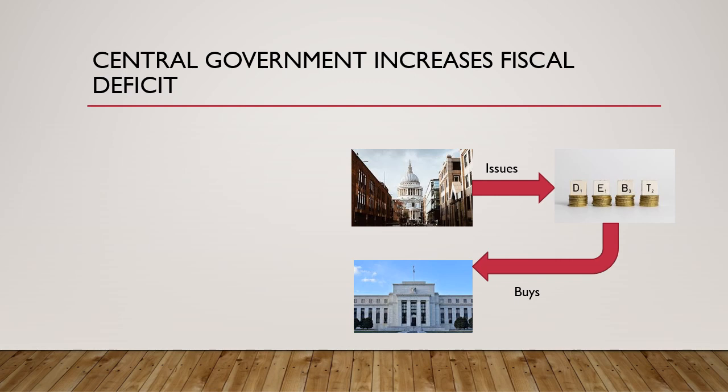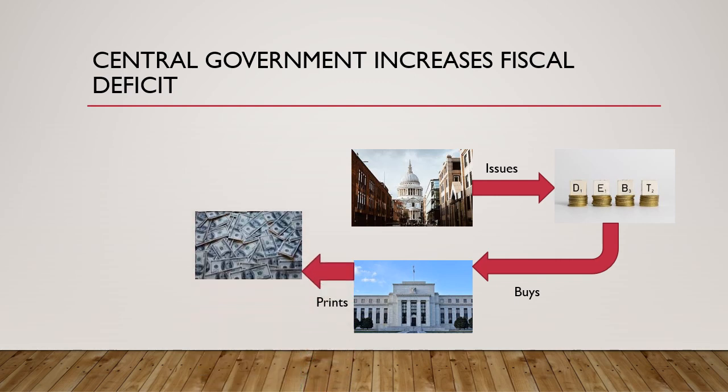This debt is bought indirectly by the central bank through freshly printed money, essentially monetizing the debt and printing more money, which it then gives to the central government. This increase in fiscal deficit means that the aggregate demand is increased even further.